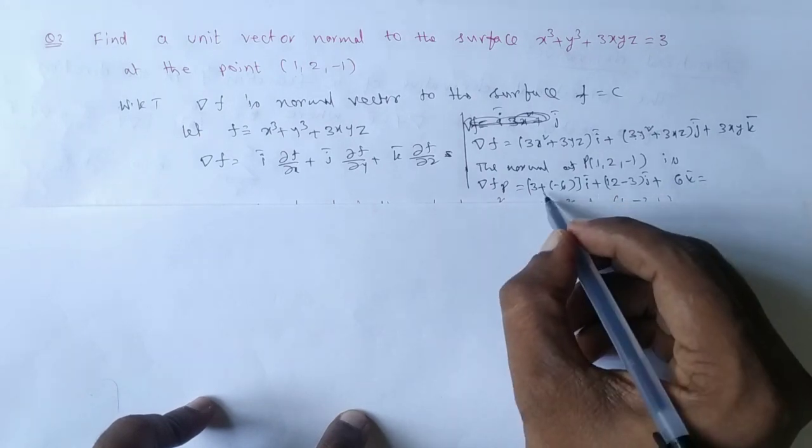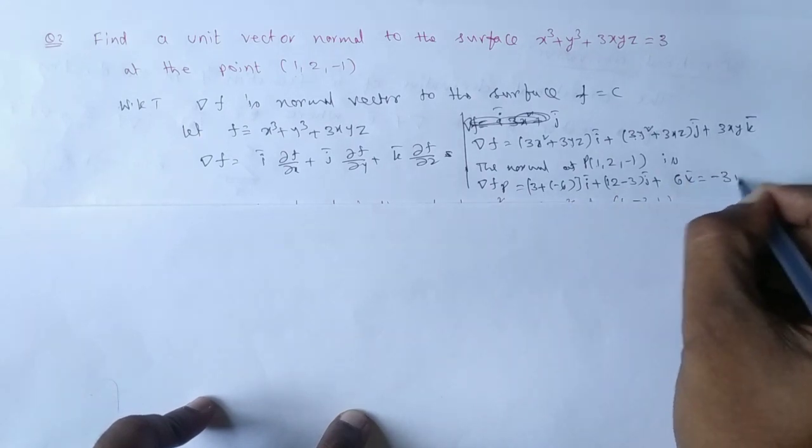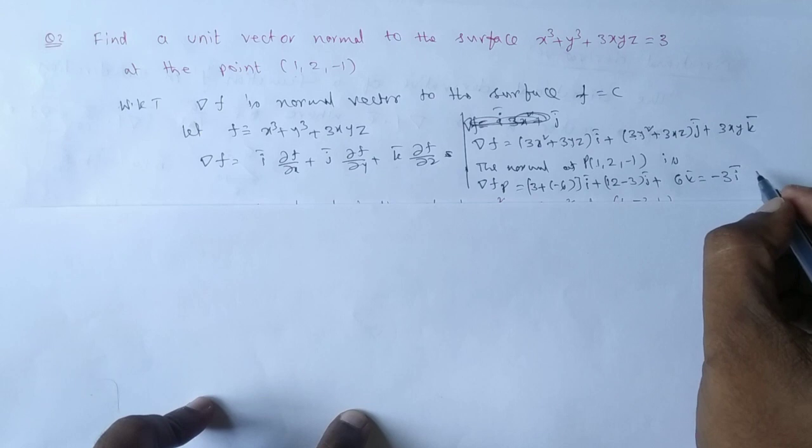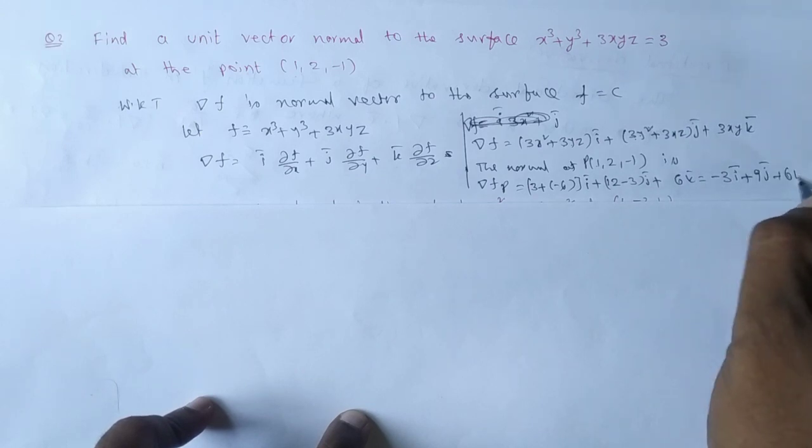Finally we have minus 3 i bar plus 9 j bar plus 6 k bar.